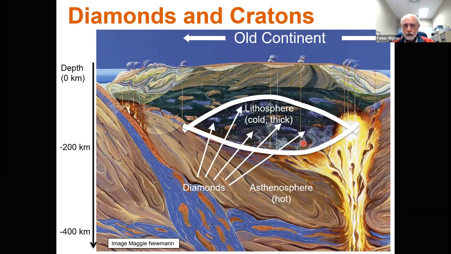Another source of these fluids may be plumes coming up from the asthenosphere or from the core-mantle boundary or the upper mantle-lower mantle boundary. These plumes may also impact on the lithosphere and release fluids, which may again result in diamond crystallization.